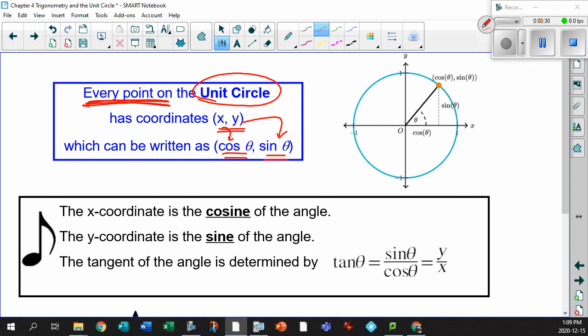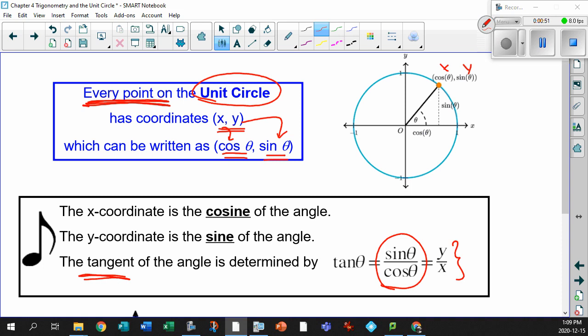And the cool thing is our tangent is sine over cos, which basically means take the y value and the x value and divide y by x, and you get your tangent.